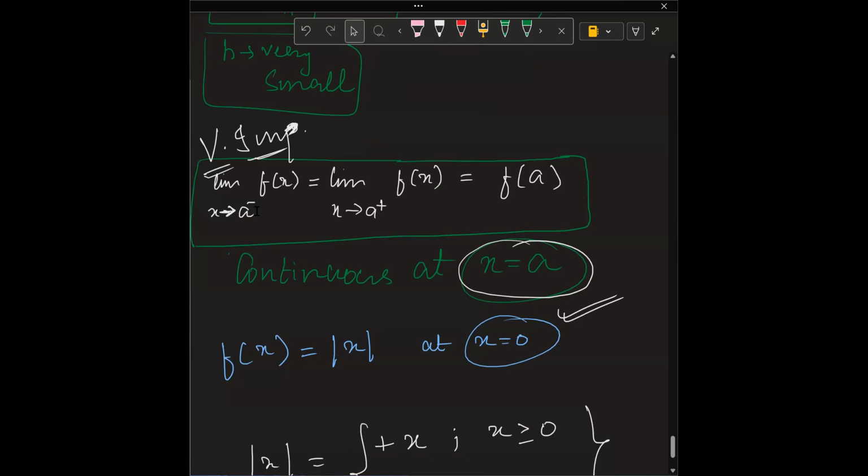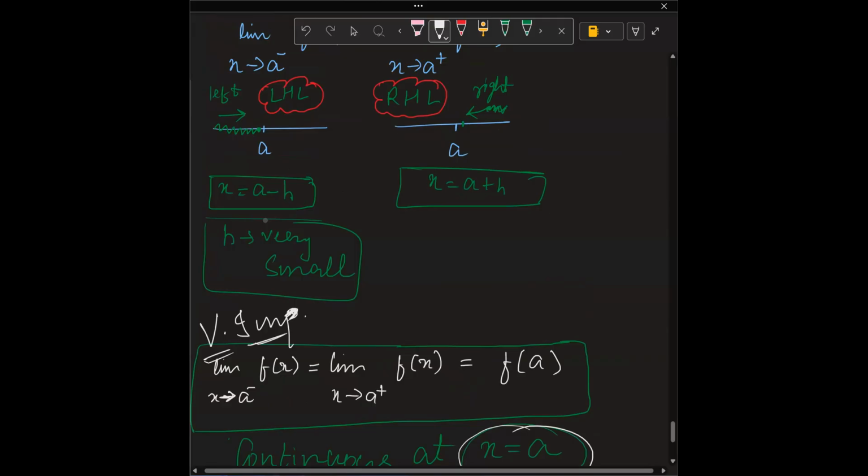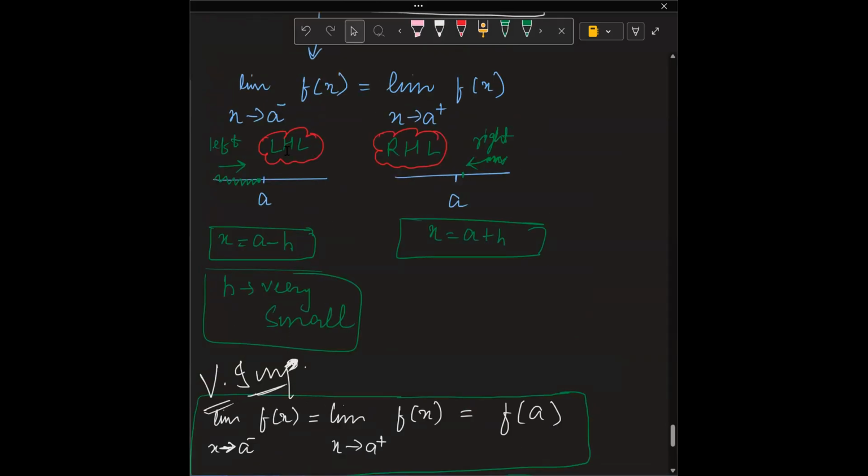What I told you about this LHL. एलएचएल का मैंने क्या मतलब बताया था? See, here I told you what LHL means. Your limit is, you are approaching x equals a, but you are not exactly at x equals a, you are approaching from the left hand side. That means if you subtract a little h from your exactly a position, then there you are. If a is here, then you are somewhere here, from the left hand side.